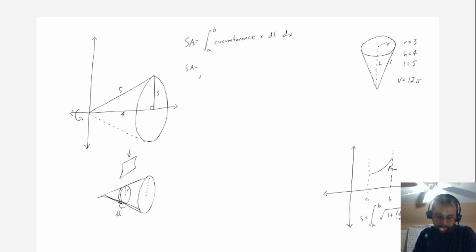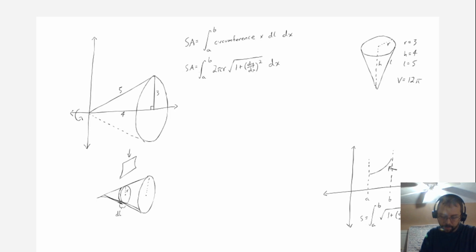The integral from A to B, circumference is 2 pi r times dl, which you can't see because my video is covering it, but dl is the square root of 1 plus the derivative of y with respect to x squared, and then the whole thing is dx because we're traveling along the x-axis as we make these slices.